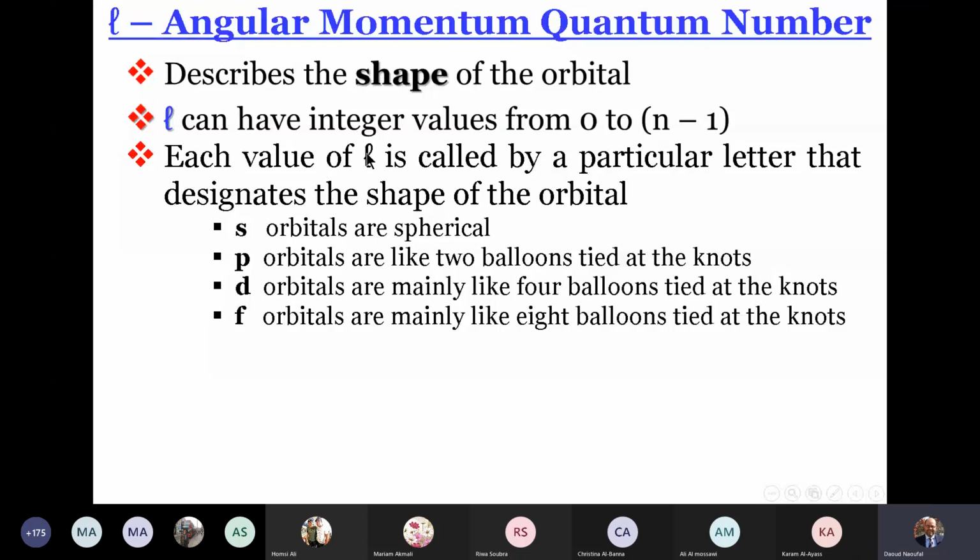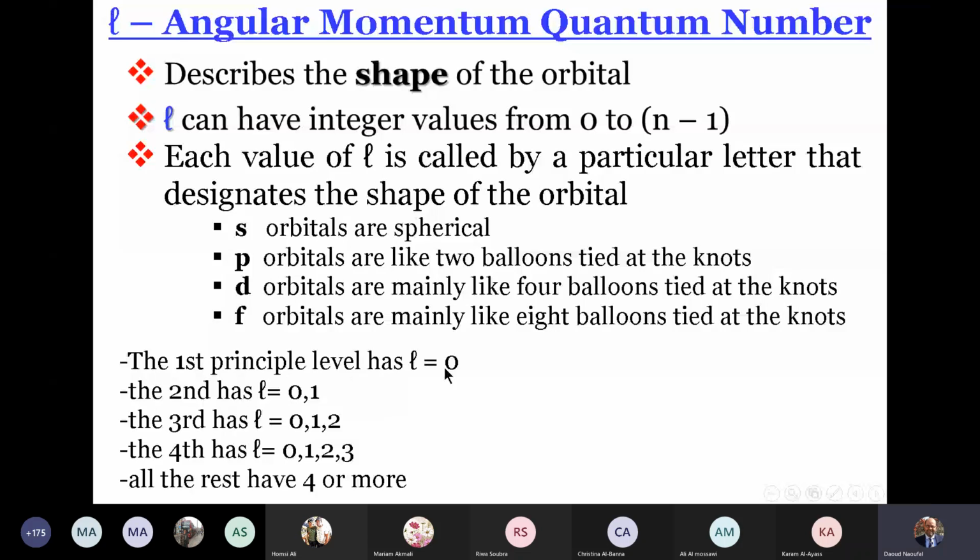As a convention, instead of saying the shape for L equals 0, we say, if L equals 0, the shape looks like a sphere. If L equals 1, the electron is moving in orbitals like two balloons.